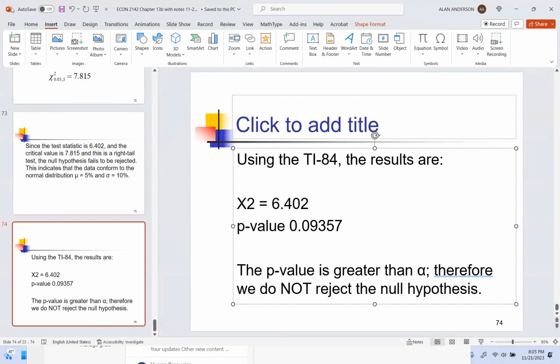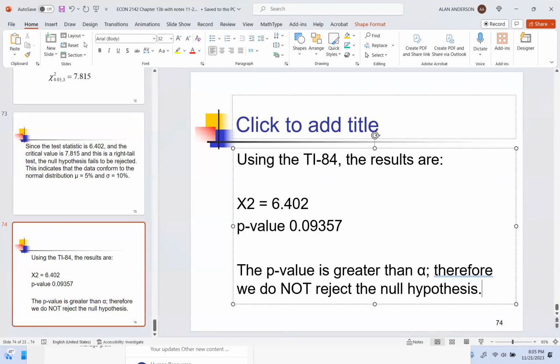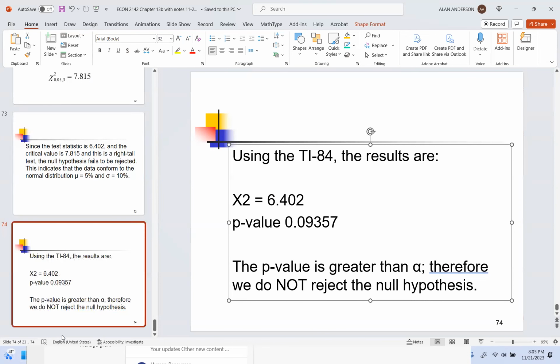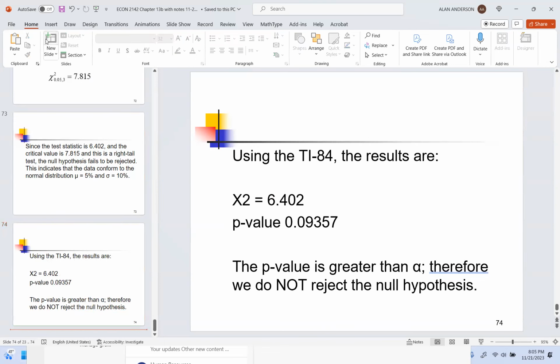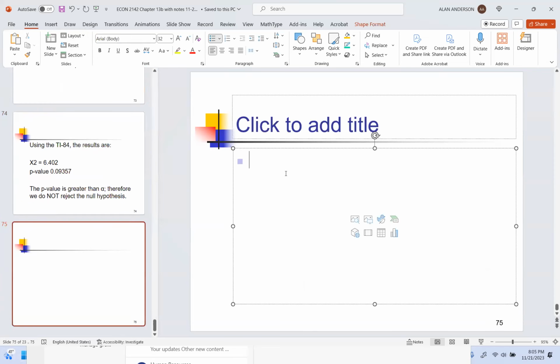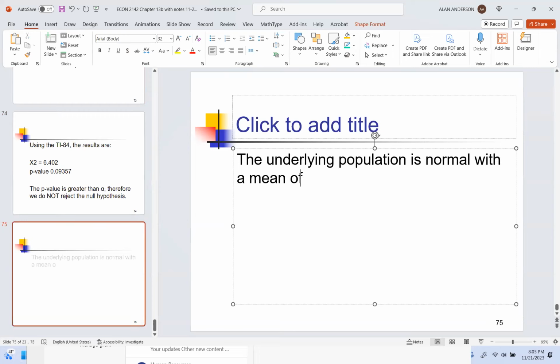And so we can safely conclude that the data are normal. Or we could say the underlying population is normal with a mean of 5% and a standard deviation of 10%.